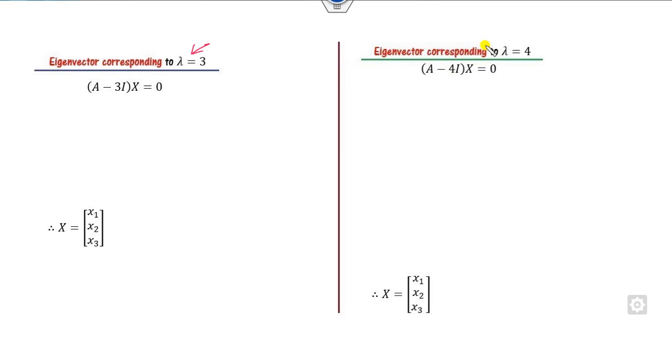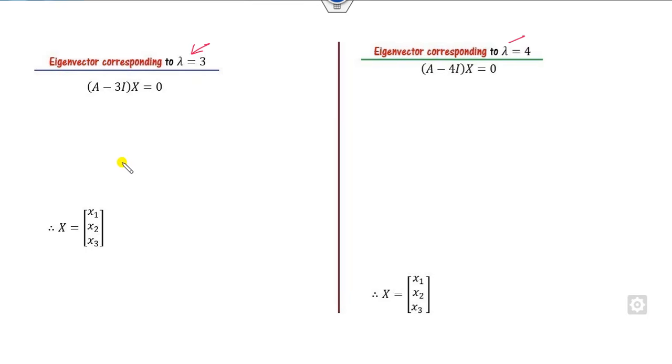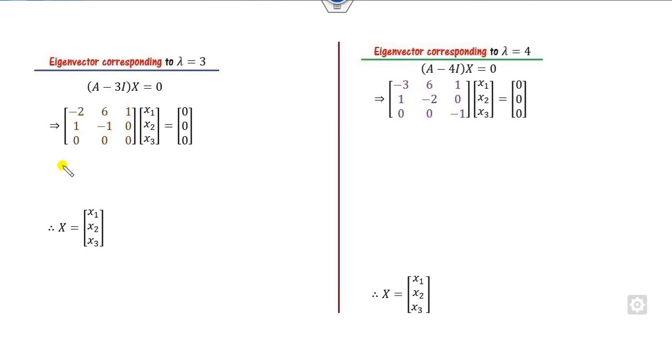For 3 and 4, we can substitute the value here and you will get these expressions. Now you can write R2 plus R1 by 2, so this part will be 0, or you can simply write the expression as 2x1, 6x2, 1x3.